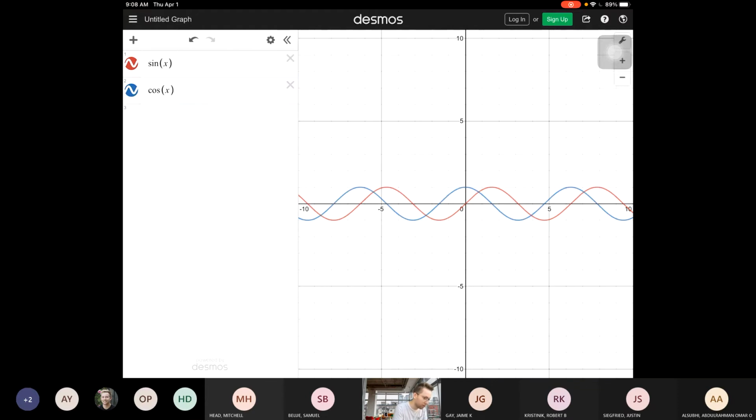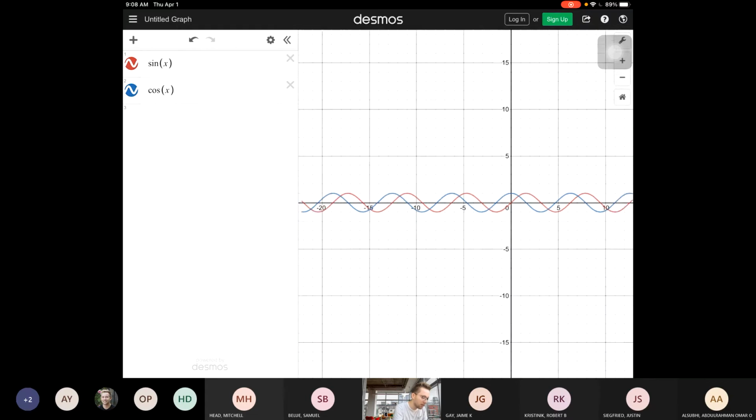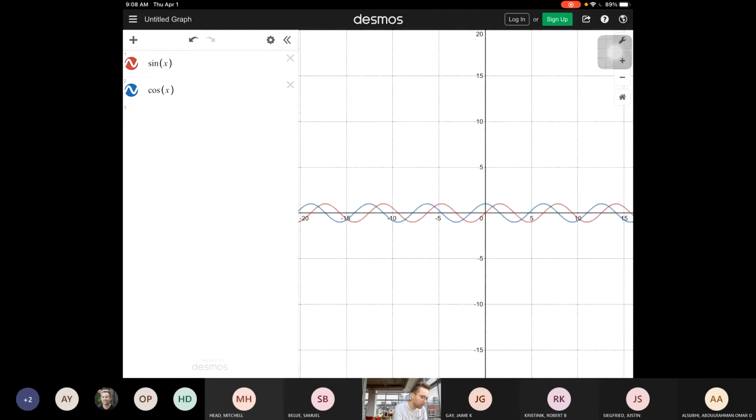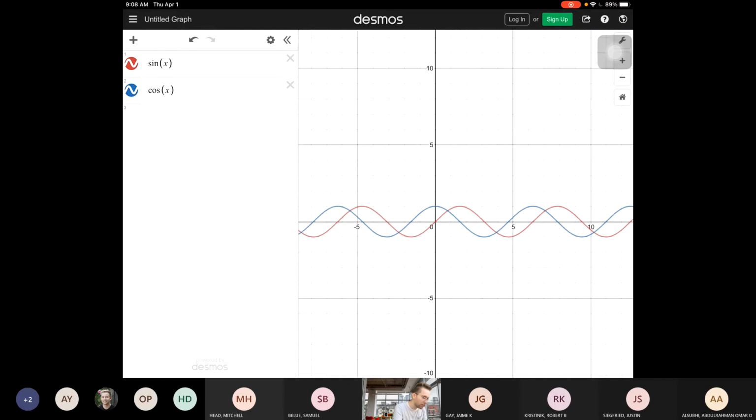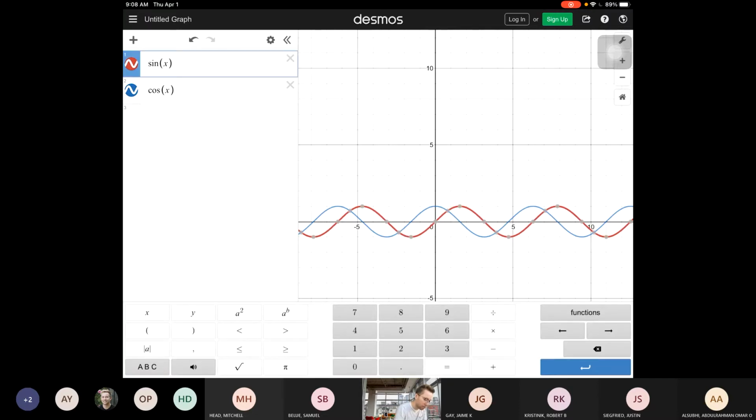Here's cosine of x in blue and sine of x in red. We can see that these functions look the same, except one's moved over a little bit. So we can imagine that if we shifted the blue curve to the right a little bit, then it would be right on top of our red curve.